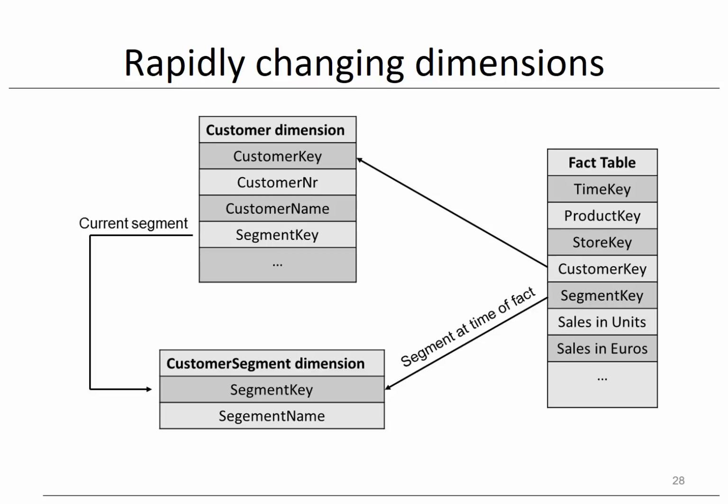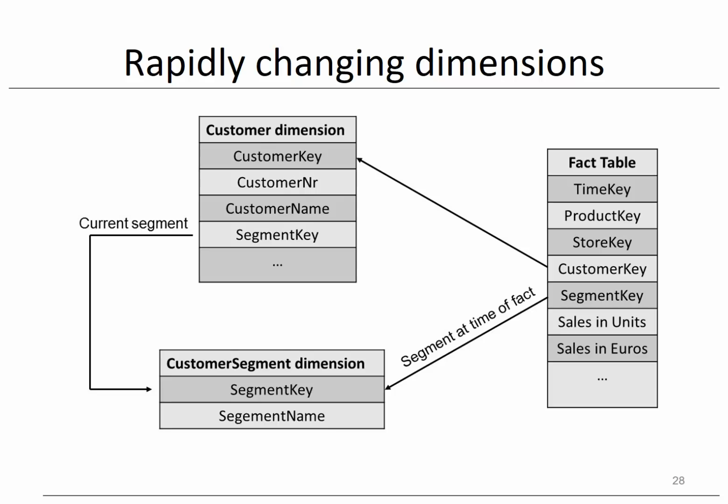Note that the customer segment can then only be updated when a new row is added to the fact table, or for example, when a new purchase is made. Additionally, as illustrated, it is also possible to include a foreign key in the customer dimension referring to the current segment in the customer segment mini dimension. This in contrast to the foreign key in a table, which refers to the customer segment at the moment of the fact.